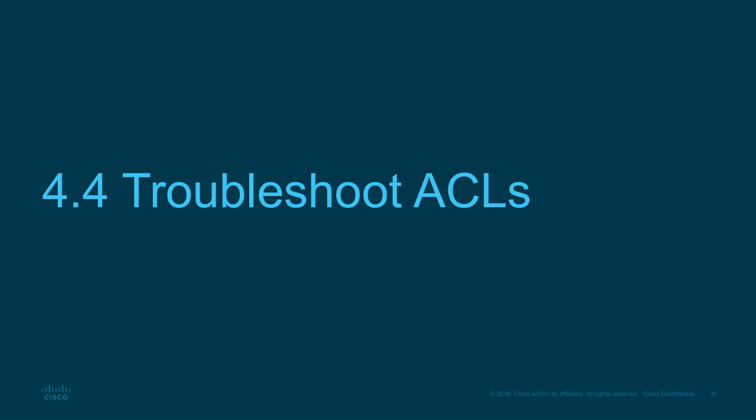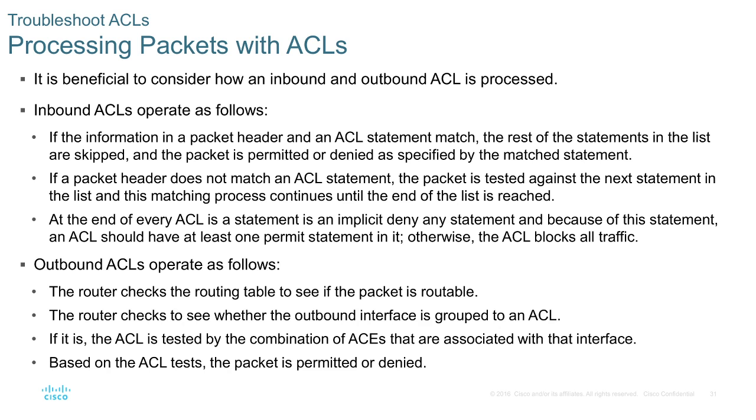Now let's look at some common issues that you may come across when you are configuring ACLs. To understand what could be wrong in an ACL or in the configuring of an ACL, it is good to understand how ACLs will be processed.